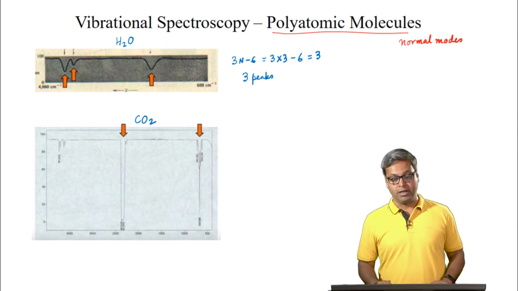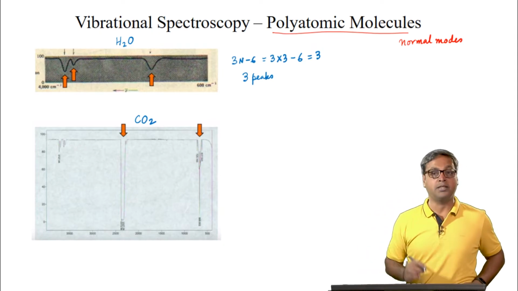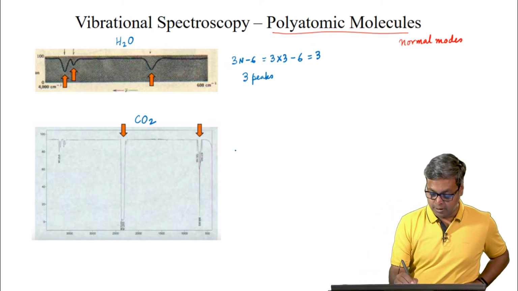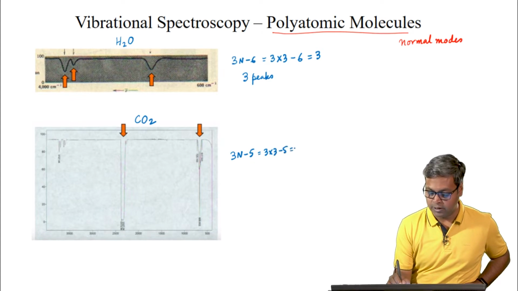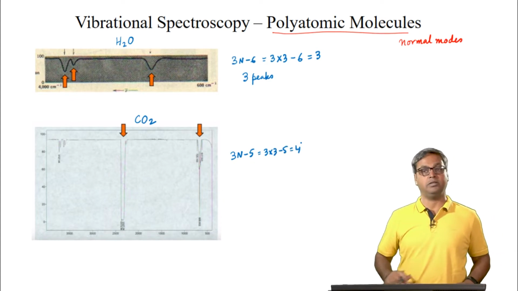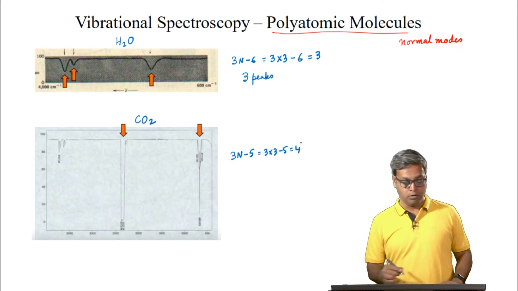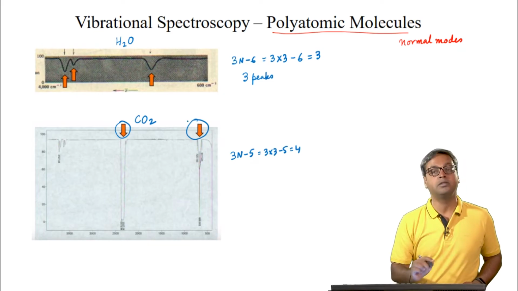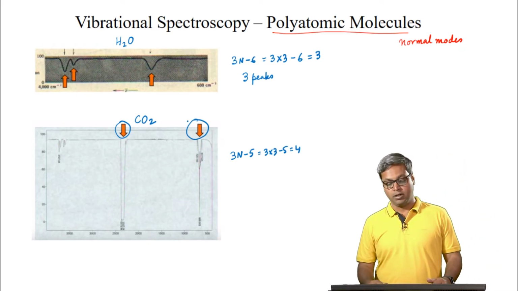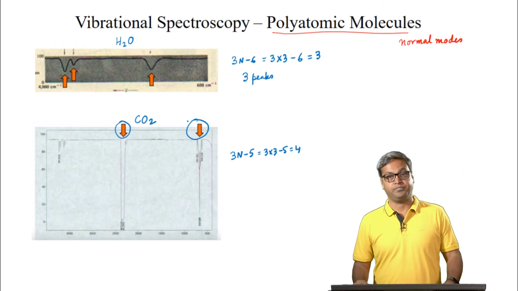For carbon dioxide, because carbon dioxide is linear, there are 3n minus 5, that means 3 times 3 minus 5, that is 4 vibrations. However, only 2 peaks are observed in the IR spectrum.